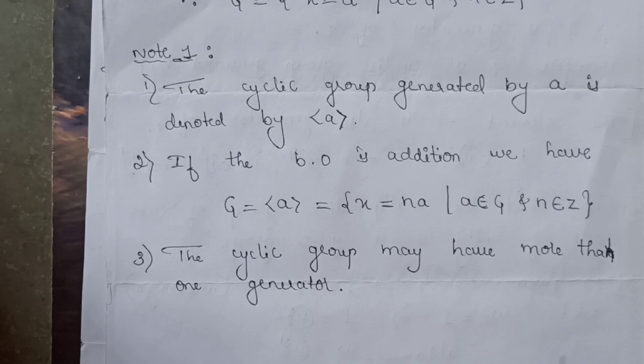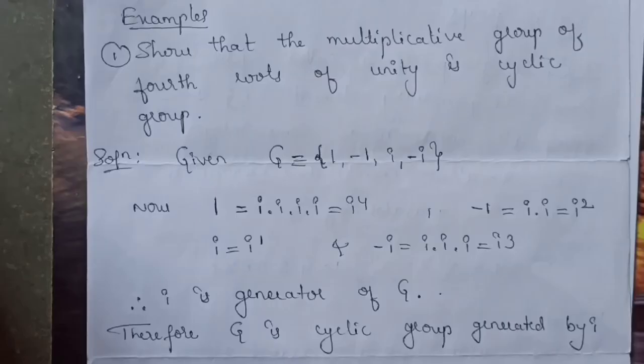Now we shall see example 1. In the exam they may ask a question like this: show that the multiplicative group of fourth roots of unity is a cyclic group. We have seen this example already.